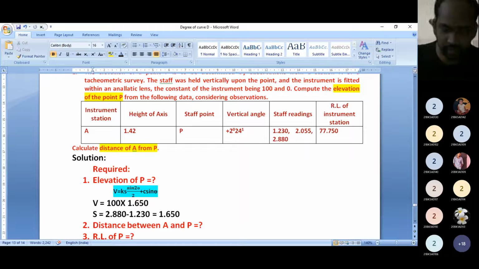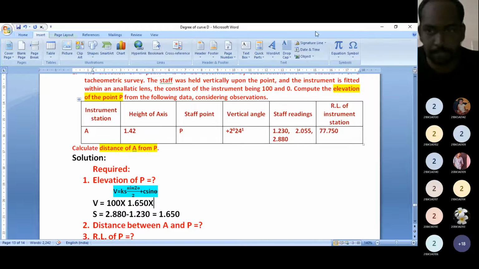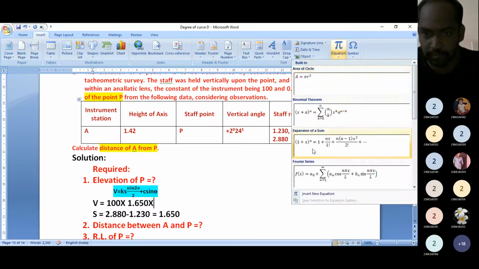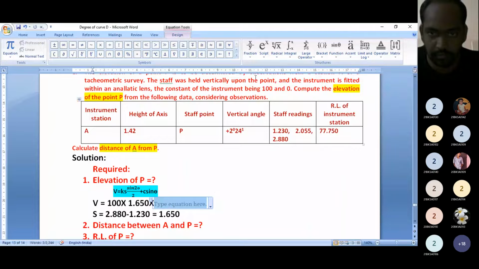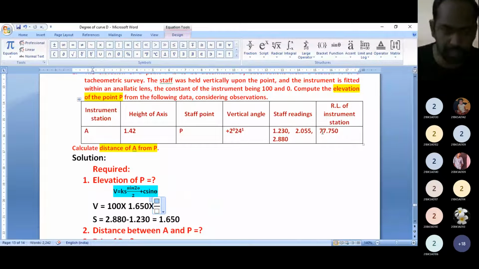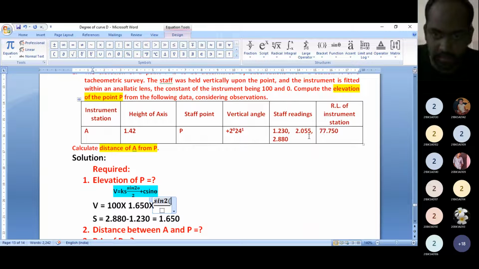And into sine 2 theta. Sine 2 into 2 degrees 24 minutes. The vertical angle here is given as theta equal to 2 degrees 24 minutes.